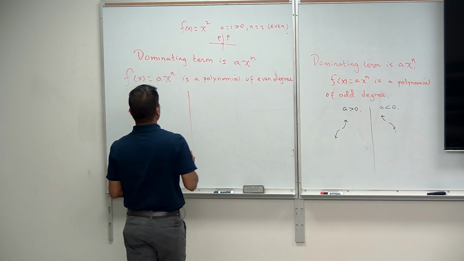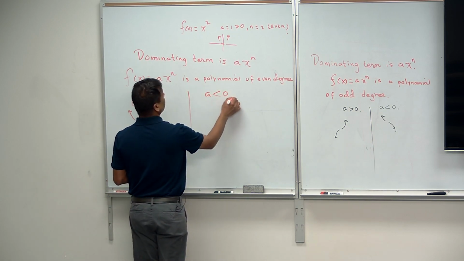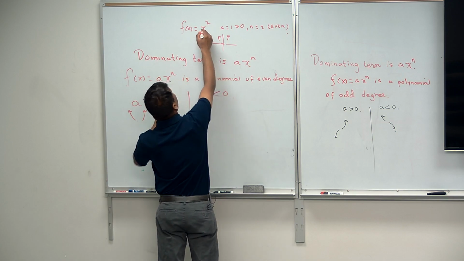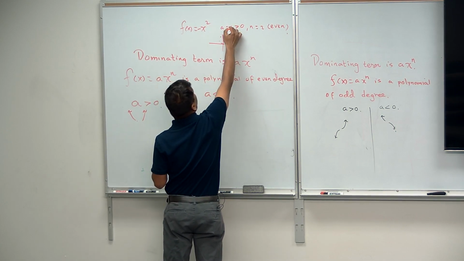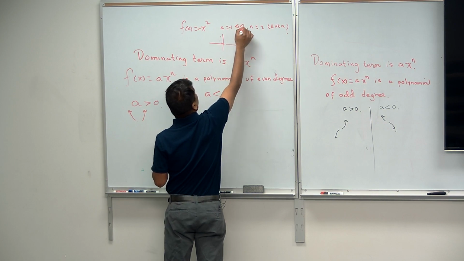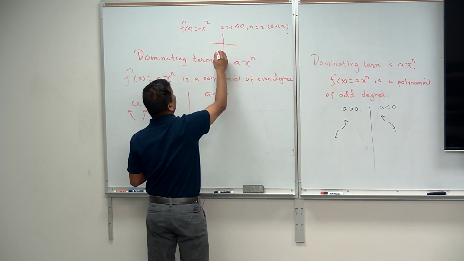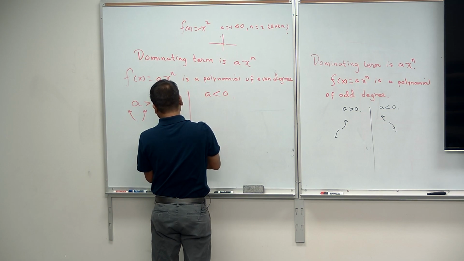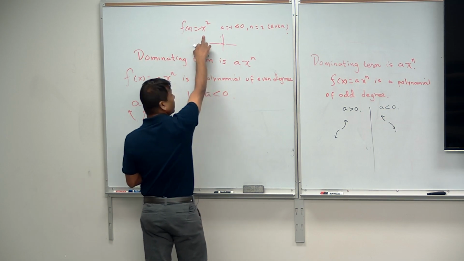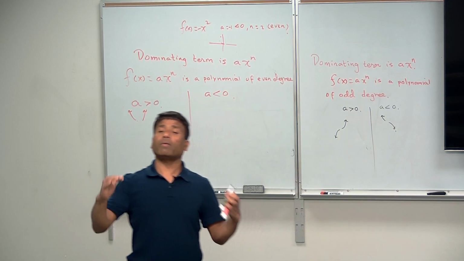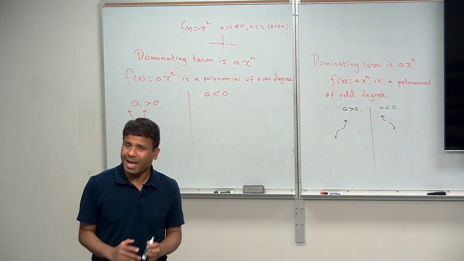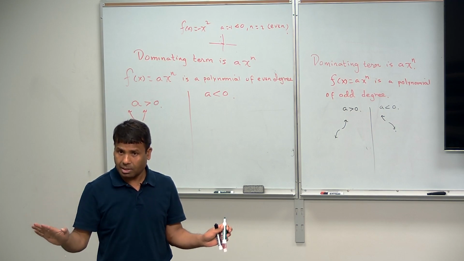Now, if A is negative, just think about this. You have f(x) equal to negative x squared, okay? So your A is negative 1, which is negative, right? Your graph looks like what? Remember, f(x) equal to negative x squared is the reflection of f(x) equal to x squared across the x-axis. Is that right?